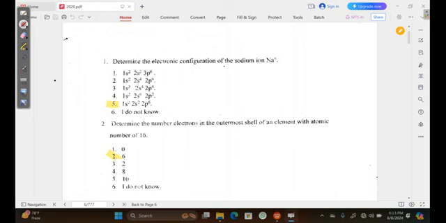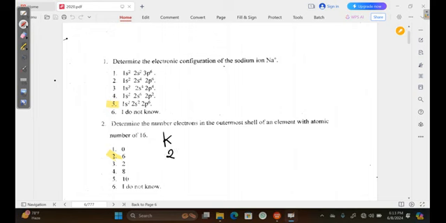So we have the K L M N configuration from our secondary school chemistry, right? Yeah. So we have the K, which can hold up a maximum of 2 electrons.